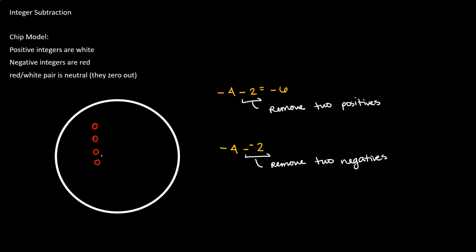Well, in this case, there are 2 negatives ready for me to remove, so I go ahead and remove them, and I'm left with 2 negatives. So -4 minus a -2 leaves me with -2.